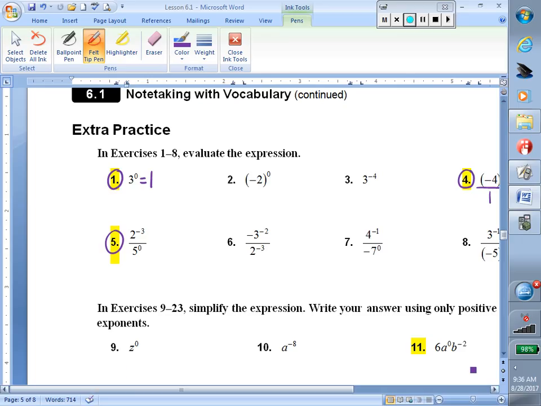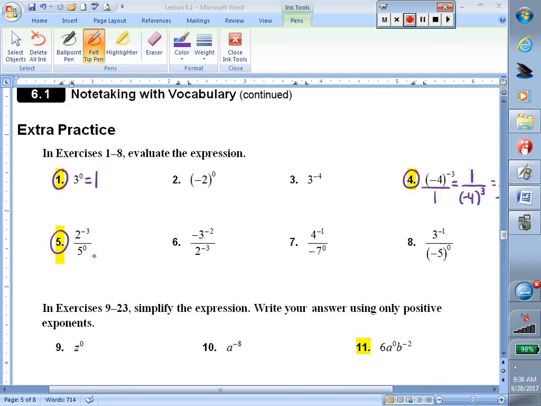Example number 5 brings in both of our properties. 2 to the -3rd power is in the numerator. If I have a negative exponent in the numerator, I need to move it to the denominator so the exponent becomes positive, and only the exponent changes sign.